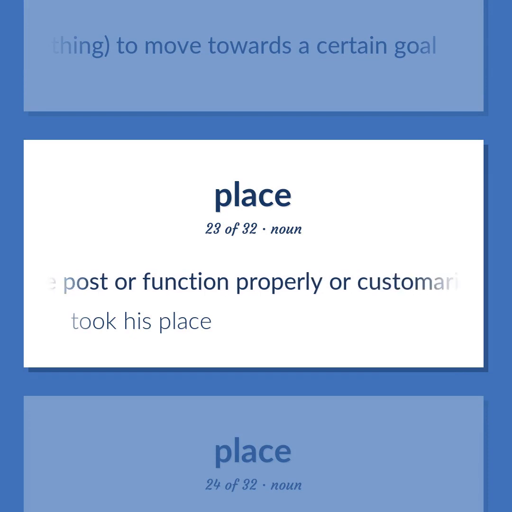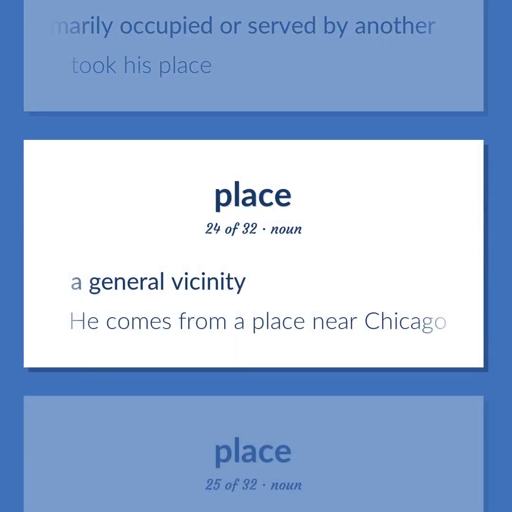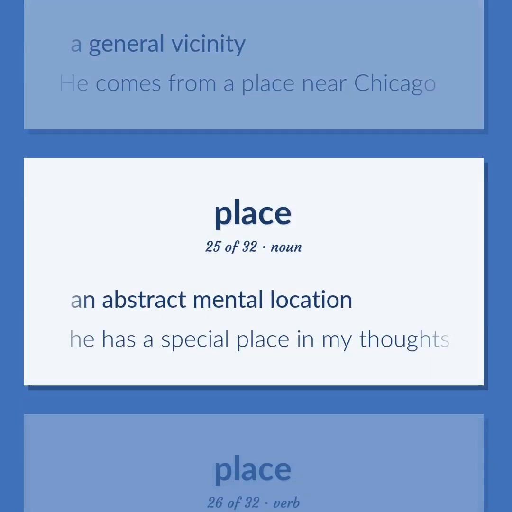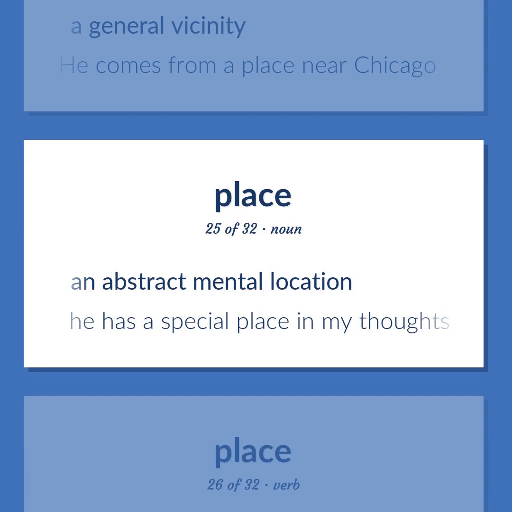The post or function properly or customarily occupied or served by another. Took his place. A general vicinity. He comes from a place near Chicago. An abstract mental location. He has a special place in my thoughts.